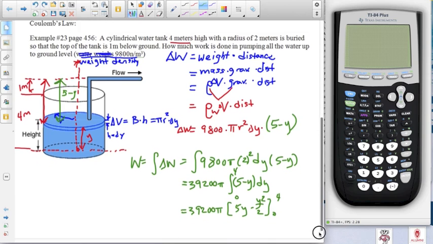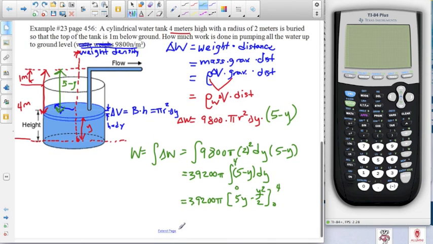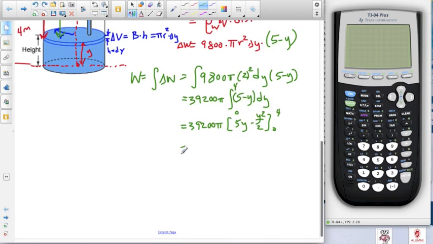And so substituting in the limits of integration there, you're going to have 39,200 pi, and putting 4 in here is going to get us 20. Putting 4 in here is going to get us 8, I believe.